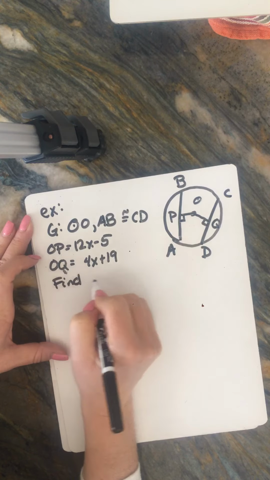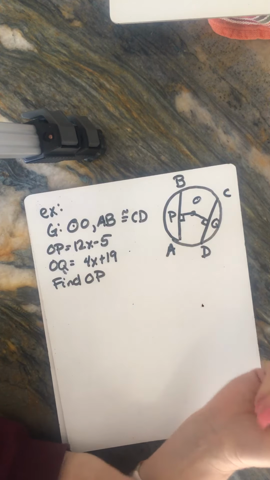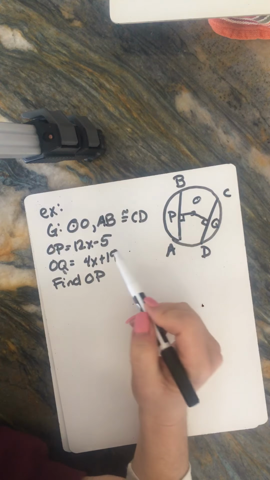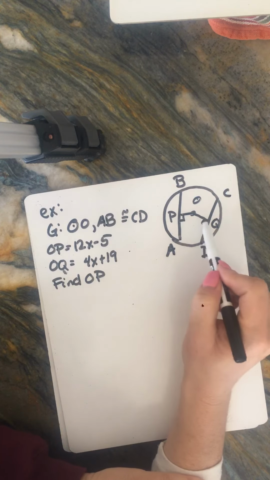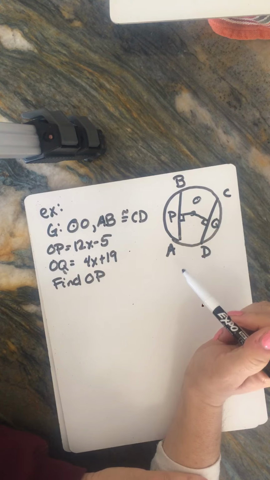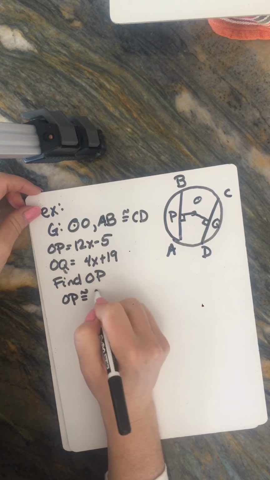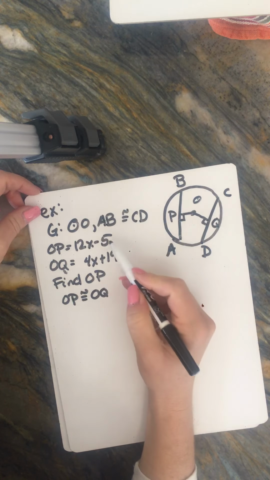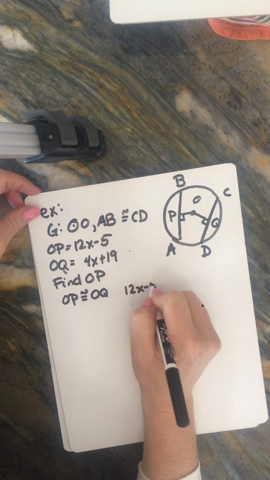We're going to find OP, which means first we need to know x. We know that the two chords are congruent, thus they are equidistant from the center. So that means OP is congruent to OQ. And we can take their expressions and set them equal to each other.